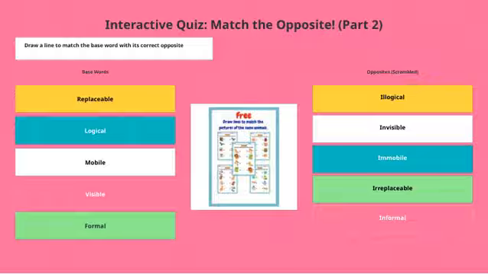And finally, formal is paired with informal, contrasting different styles or levels of formality. This activity isn't just about matching words, it's about reinforcing your understanding of these concepts and how they relate to each other. It ties into the overall theme of communication and clarity. Knowing the right words and their opposites helps us express ideas more precisely. So take your time, think about each pair, and have fun with the activity.